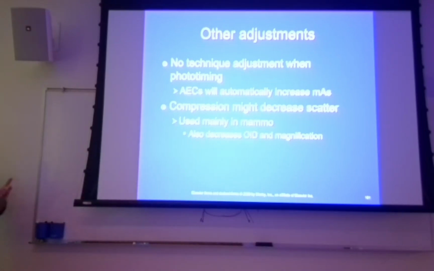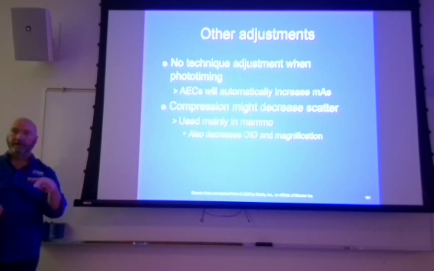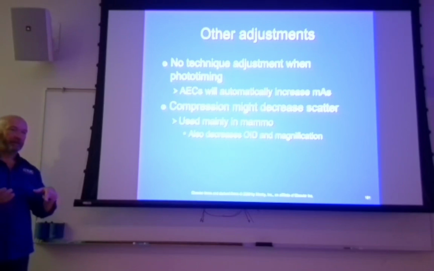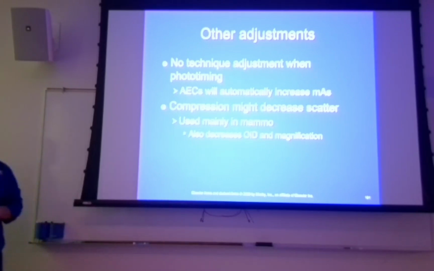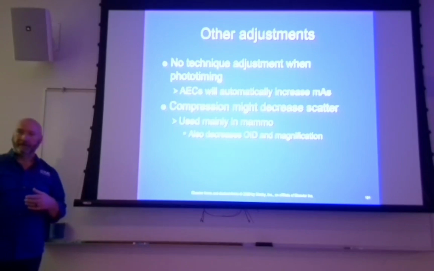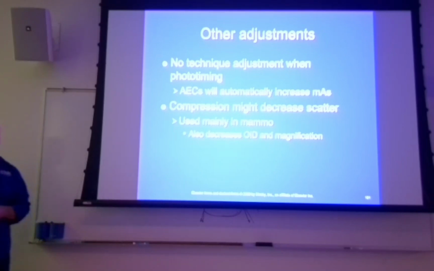I know some of your pre-programmed things, you push asthenic patient, and it might give you, say, 100 kVp for a chest x-ray, as opposed to hypersthenic, which may give you 120 kVp. And that's fine. That's how the manufacturer set up the machine. But if you were to shoot a hypersthenic patient with 100 kVp, you're not going to see that much of a difference on your image than if you shot it at 120 kVp.